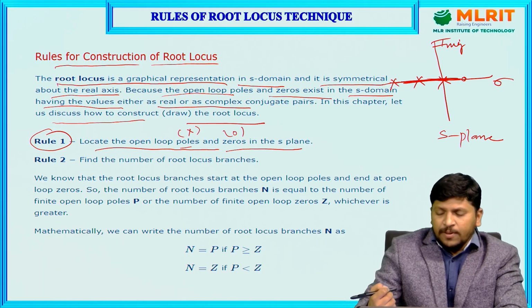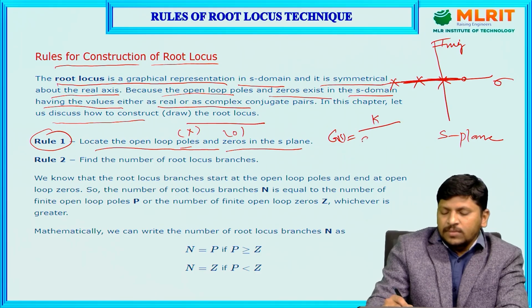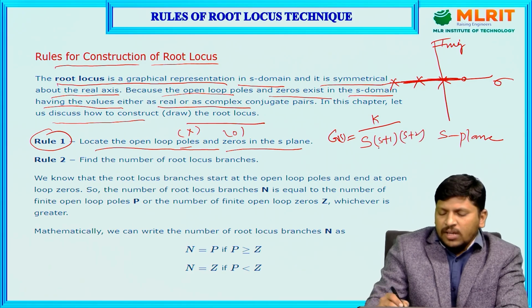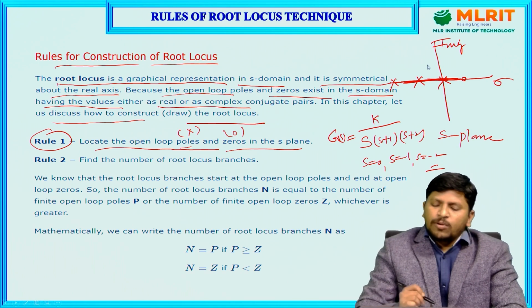Like that we locate the poles and zeros from the given open loop control system. For example, G(s) = K divided by s(s+1)(s+2). Here s = 0, s = -1, s = -2. Setting the denominator equal to 0, you get the roots. So three poles are present.